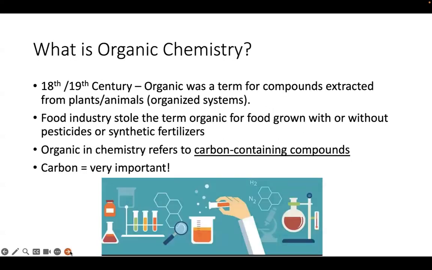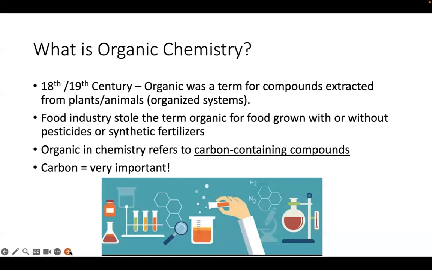Organic chemistry started in the 18th, 19th century, where organic was a term used for compounds extracted from plants and animals. So organic stands for organized systems. The food industry kind of stole this term and used organic for food grown with or without pesticides or synthetic fertilizers.